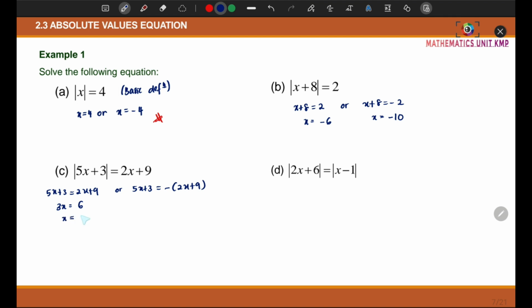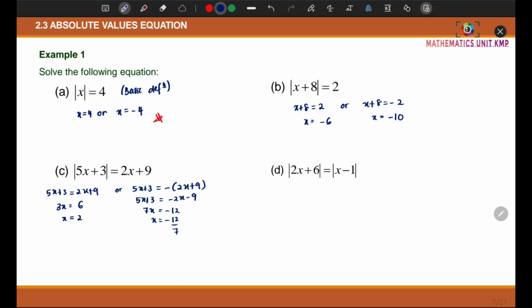So x equal to 2. Then on the right hand side, we have 5x plus 3 equal to -2x minus 9. So 5x plus 2x, 7x equal to -9 minus 3, -12. So x is equal to -12 over 7.